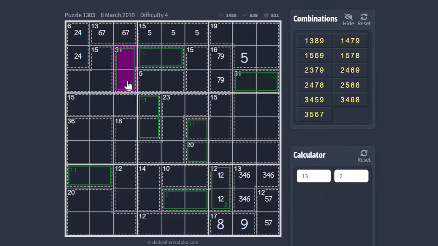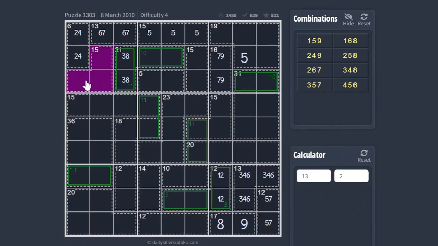That leaves 8-3 here. And the remaining combination here in box 1 is, I'll use my cheat sheet here, it's 1, and there's a 9, and it looks like 5.